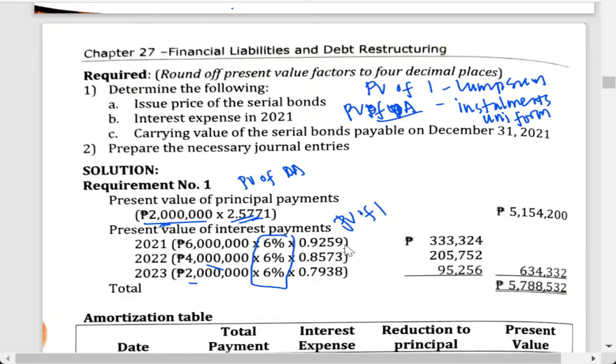So, one-time payment. One-time payment of 360, one-time payment of 240, one-time payment of 120,000. So, just multiply the factors. You will get these amounts. Then, sum up. You will get now the issue price of 5,788,532. So, this is your issue price.